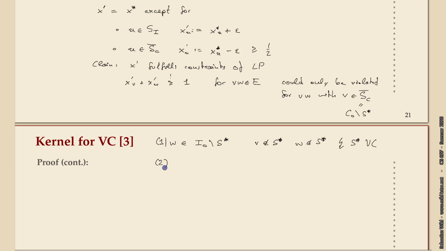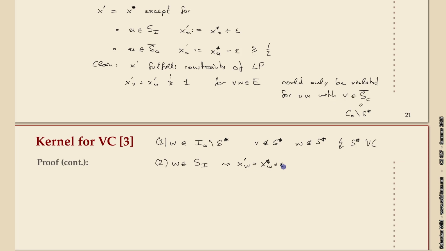What other options do we have? We could have that W is in Si. In this case, it's one of those where we increment the variable by epsilon. All right, so x prime W is x star W plus epsilon.